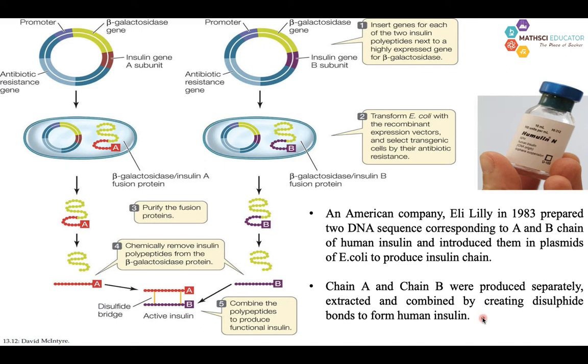Okay, and for that we do not require the killing of slaughter animals like cattle and pigs. हमें उसको मारने की भी ज़रूरत नहीं रहेगी, and we create the same insulin as found in human beings. So this is a major application of biotechnology, a major role of biotechnology in the field of medicine. This is a great example that shows how biotechnology is helpful from a medicinal point of view.